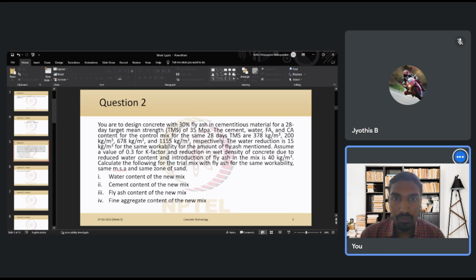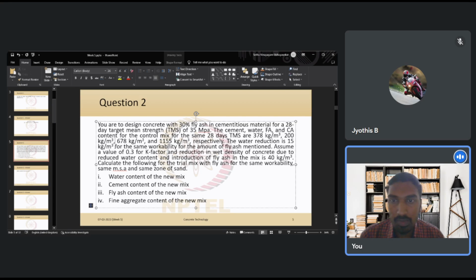We know for the control mix what the water content required is: it is given as 200 kilograms per meter cube. It is also given that the water reduction is 15 kilogram per meter cube for the same workability for the amount of fly ash mentioned. So it is straightforward. They have directly given us the reduction in the water content.